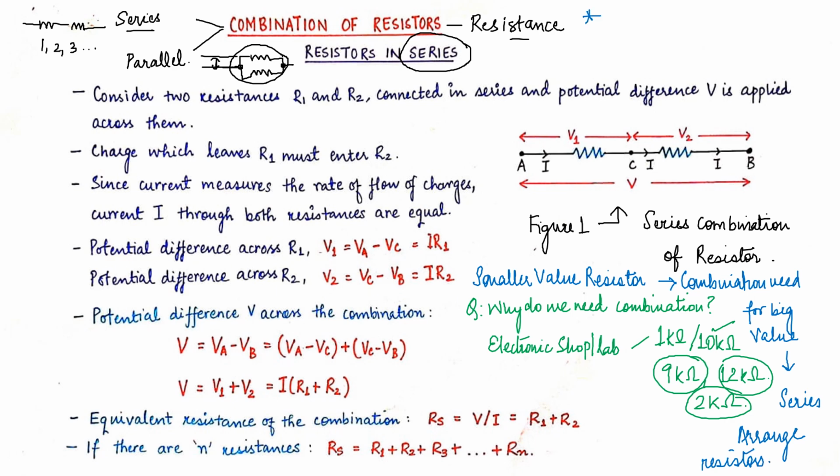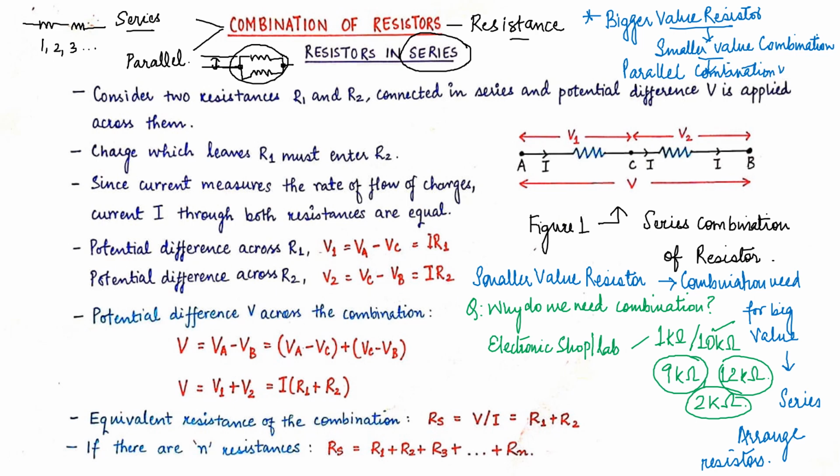In case we have bigger value resistors and we need to get a smaller value combination, what we are going to do is we will add these resistors parallelly to each other. Parallel combination will be made.